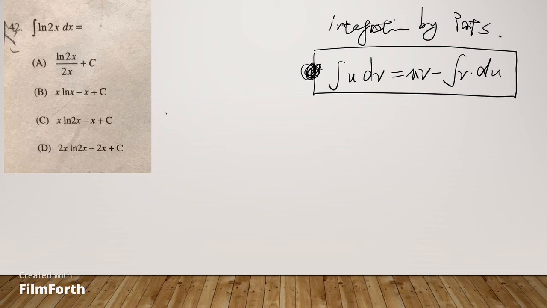Okay. So let's do it. Integral ln 2x dx. So which one should we set to be u? In our case, we should set v equals x.